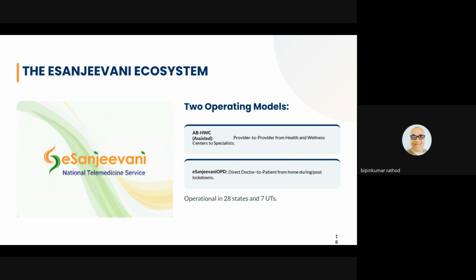So if you become a healthcare administrator somewhere in a government hospital, you should always ask your CEO or your senior person whether you are using e-Sanjeevani or not, which is available freely for government hospitals. Now it's operational in 28 states and 7 UTs. Initially they started with the 7 UTs and then expanded to all the states in India.